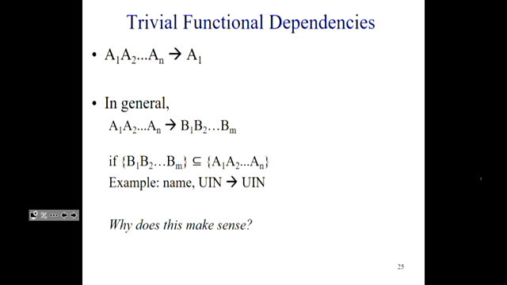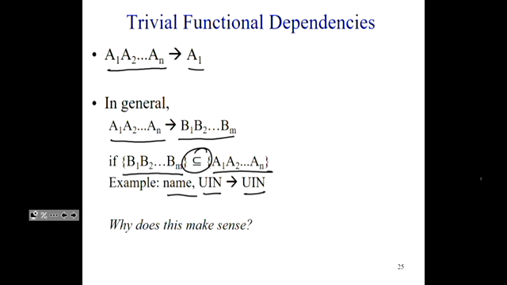Here's another trivial functional dependency. So if you have A1 through AN, then you can imply A1 from that. Okay, so in general, if you have A1 through AN implying B1 through BM, and if B1 through BM is a subset of A1 through AN, then it holds, right? So if you have name comma UIN, this certainly implies UIN.